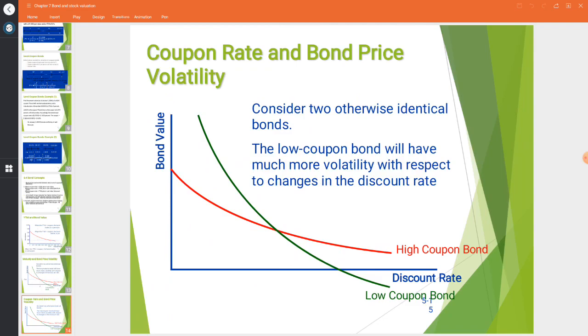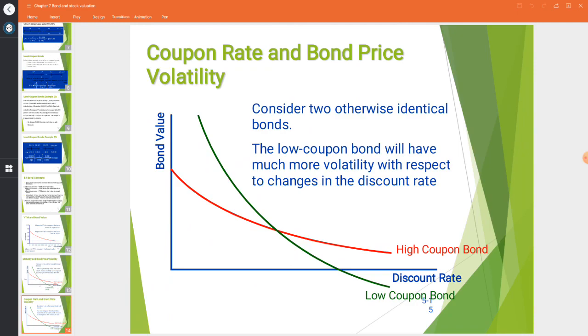Also, the coming figure is used to explain the relation between coupon rate and bond price volatility. As you see, we have two types of bonds. One of them is a high coupon bond. The second one is a low coupon bond.